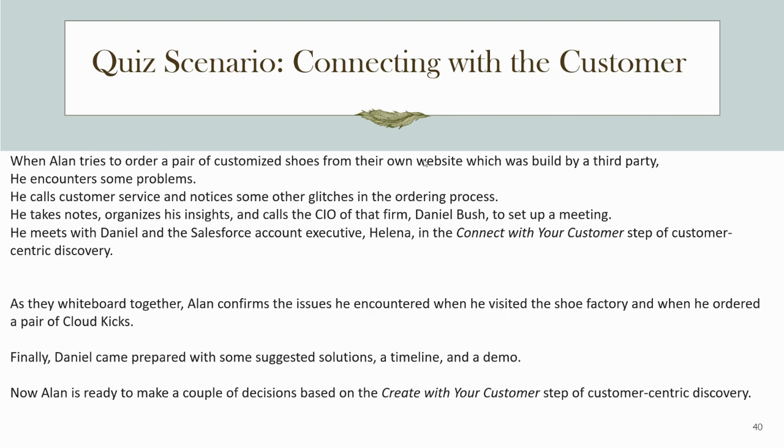First they connected, then they whiteboarded together. Now the people responsible have prepared suggestions, a timeline and a demo. The three outcomes of the meeting are solutions, timeline, and a demo.